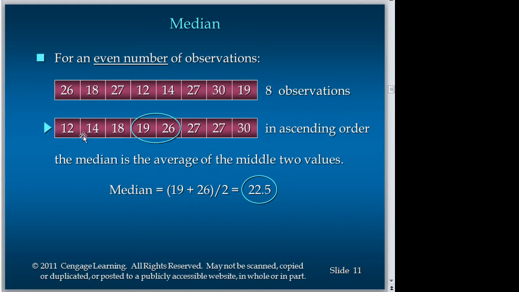So, if there are 8 numbers, then it's easy to see that you're going to check between the 4th and 5th. But what if this was not 8 numbers? What if this was like 200 numbers, or 72 different data points?